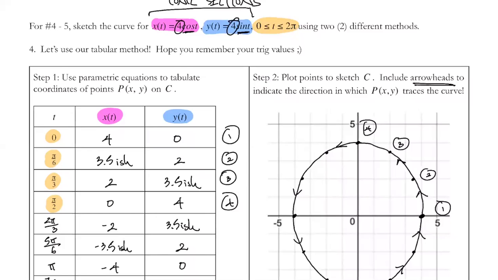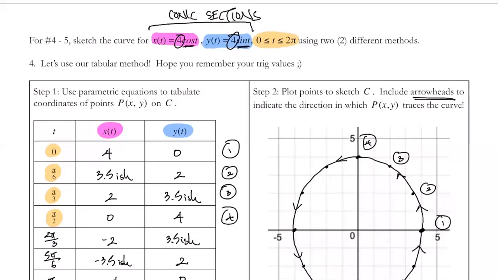We don't call it an oval. What do we call it? Yeah, Ethan, you're right. If you have two numbers in the front that are different from each other, but you still have the sine and cosine, you're going to end up with an ellipse. So when you look at these equations, you can say, oh, I know this is going to be a circle, or oh, I know this is going to be an ellipse, right?